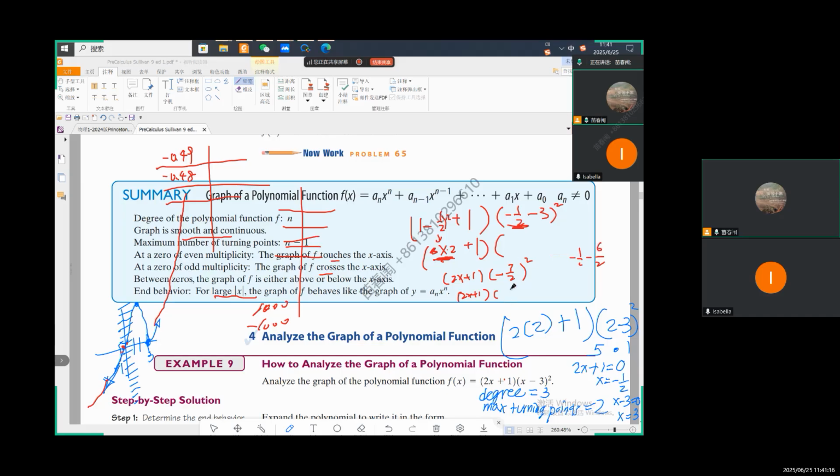So it's negative 7. So this one is 49 over 4, right? Let me check my calculation: 2x plus 1 and negative 1 over 2. Yeah, I guess this is right. So I can just multiply it: 49 over 2x plus 49 over 4.